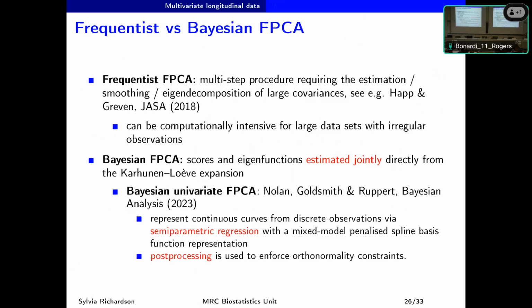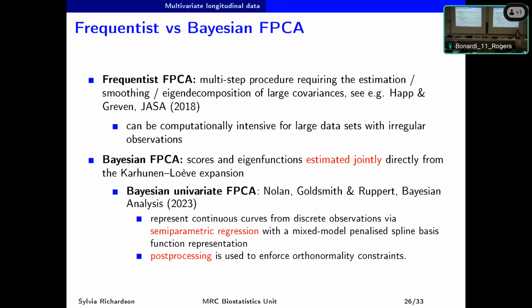Just to say that FPCA has been around for a long time, and there are different ways to do it. If you do it in a frequentist way, the mathematics starts with the covariance. So you need to estimate lots of covariance matrices with the data you've got, but smooth them, because you've got different time points for different people.